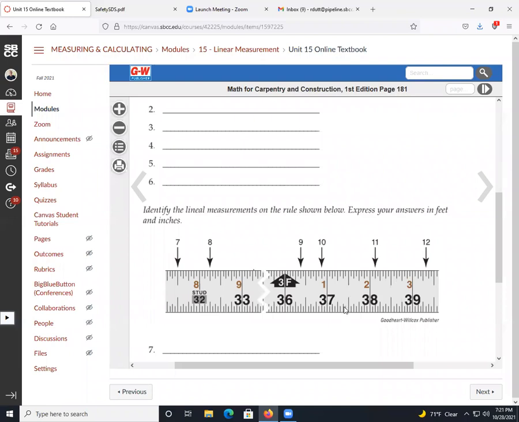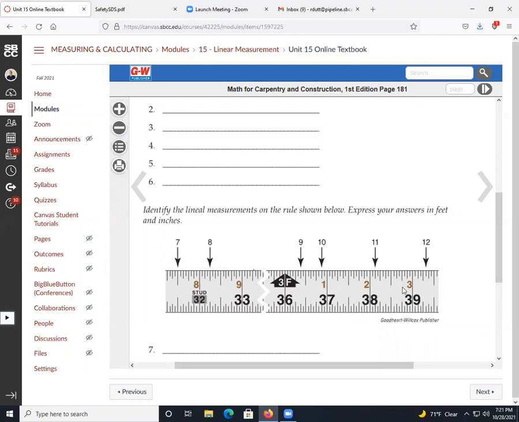Okay, let's see, Ben, number 10. 3 feet 7/8 of an inch. Correct. Yes. 11, John. 11 is 3 feet, 2 inches, and 1/8.